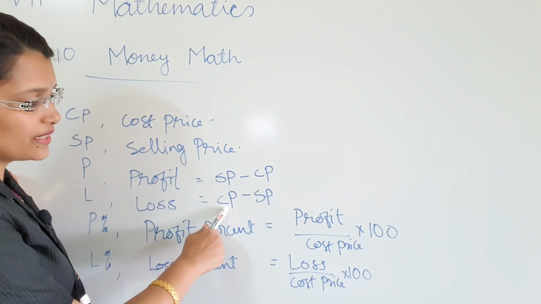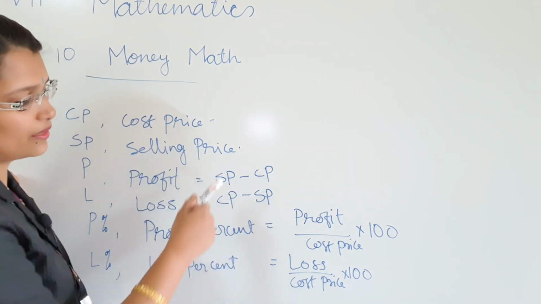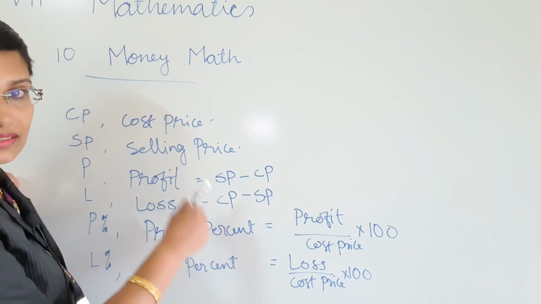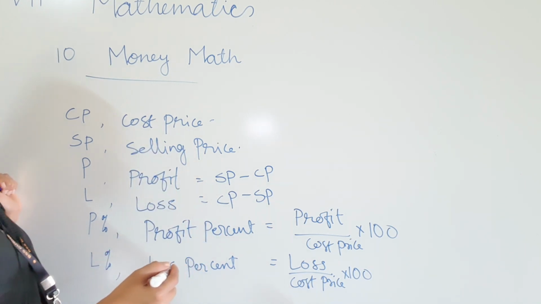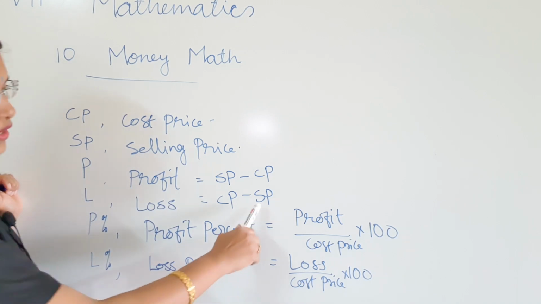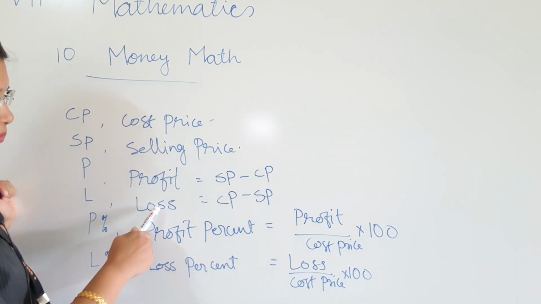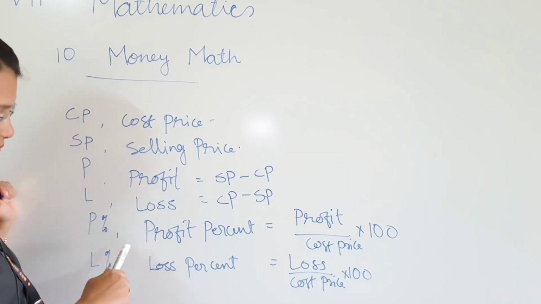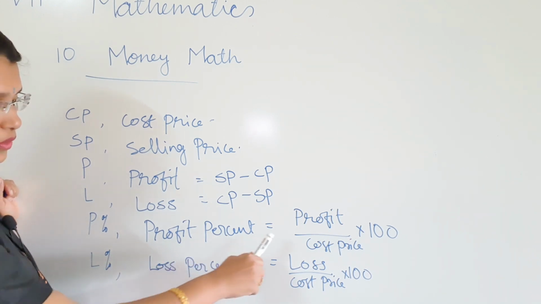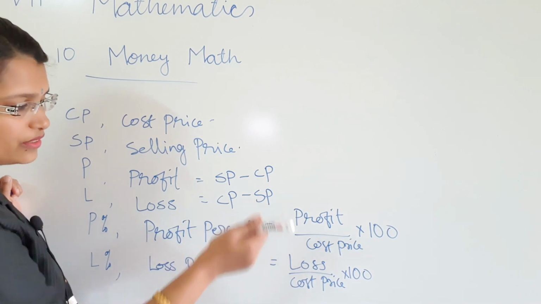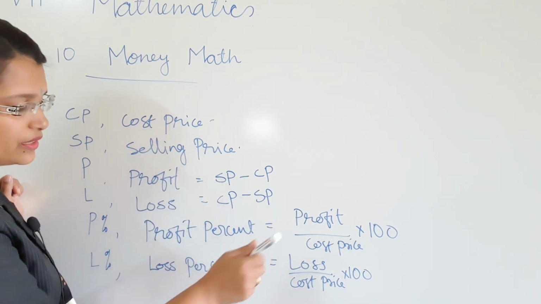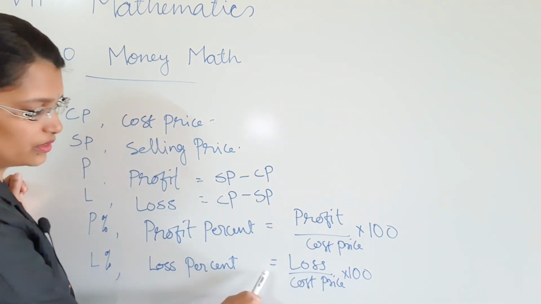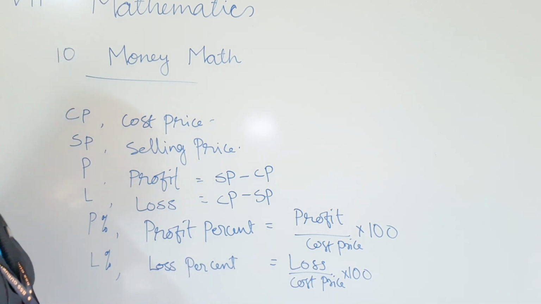Then if cost price is more than the selling price, that means cost price is 10 rupees and then you sold at 5 rupees, right? So that is loss. And then profit percent is equal to, this is the formula, profit divided by cost price into 100. Loss percent is equal to loss by cost price into 100.